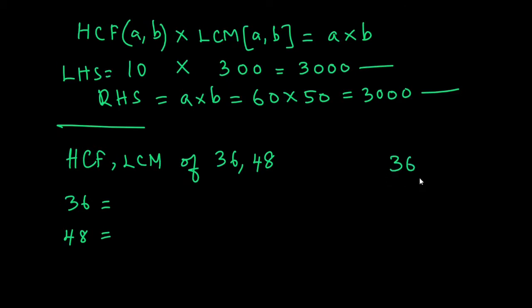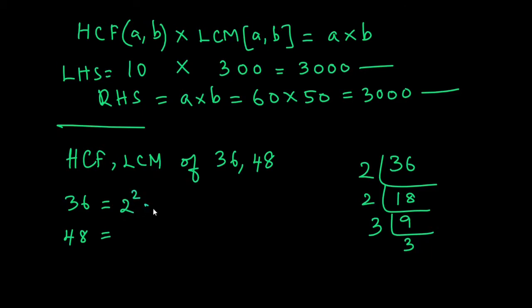Let us take short division and see. Divide by 2, we get 18. This is also divisible by 2. So we get 9. 9 is divisible by 3, 3 into 3. So the prime factorization of 36 is 2 power 2 into 3 power 2.